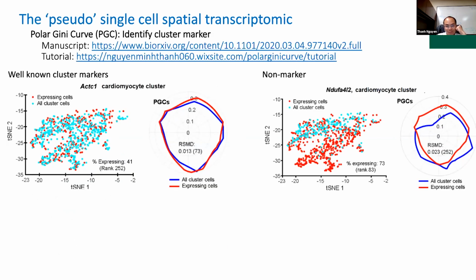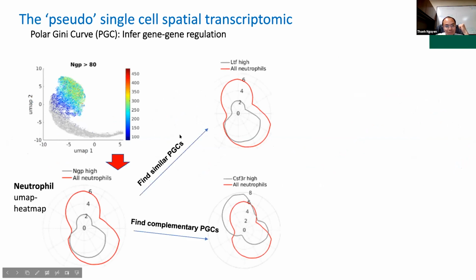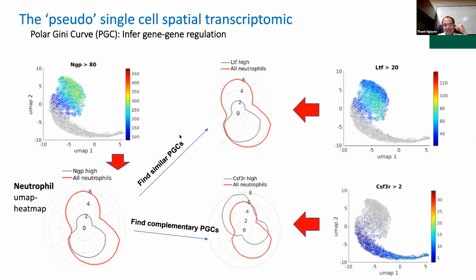The second problem we can try to solve is to infer gene-gene correlations. Basically, here we have the neutrophil again. We see 3 genes here, and the expression plots of those 3 genes by themselves already show that we have 2 types of correlation.